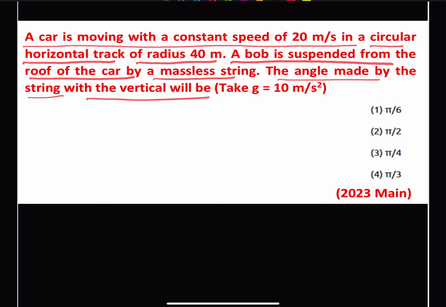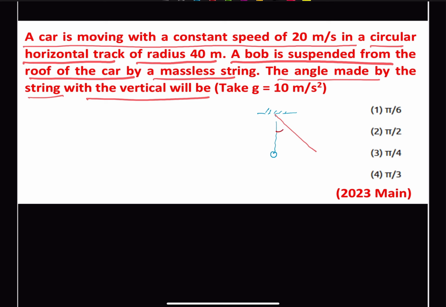So the car is traveling along a curved path, and let us suppose this is the original position of the pendulum, and as the car is going to turn, the pendulum is going to have a position which will be something like this.